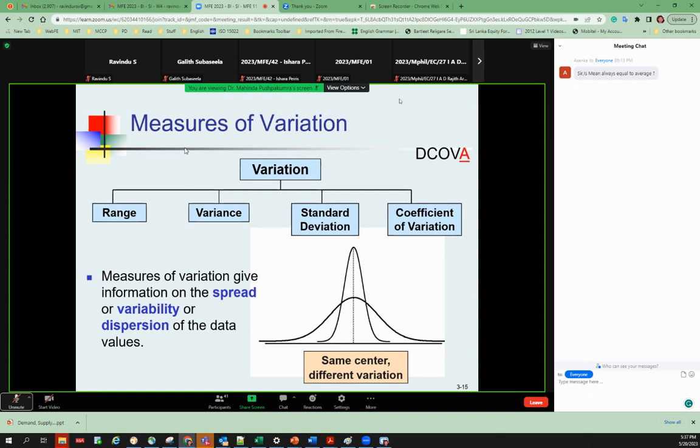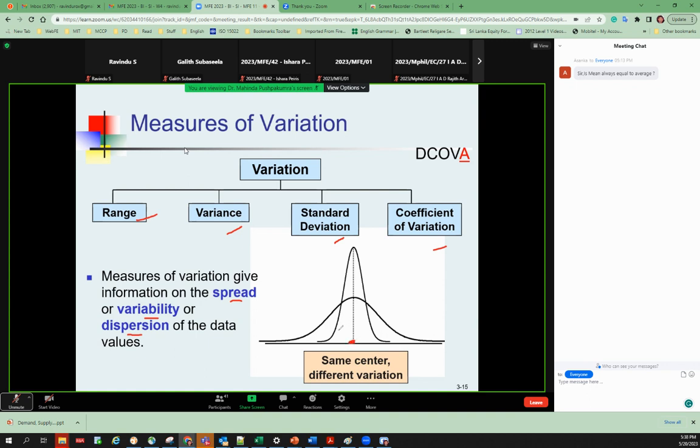Okay, then we have measures of variation: range, variance, standard deviation, and coefficient of variation. Measures of variation give information on the spread, variability, or dispersion of the data set. Central tendency measures show the average situation.